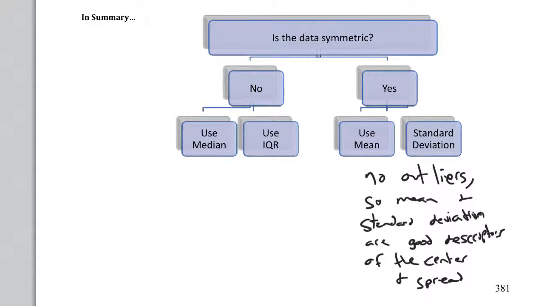But if the data is not symmetric, if there are outliers, then we follow the left side here and use the median and the IQR.